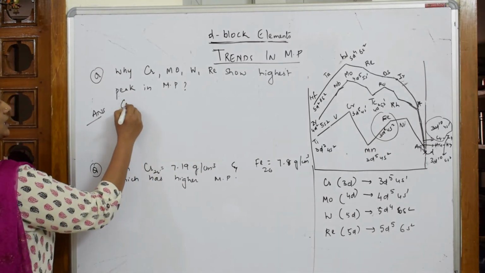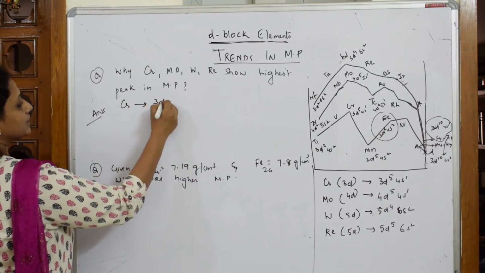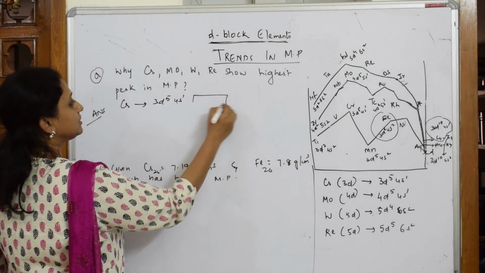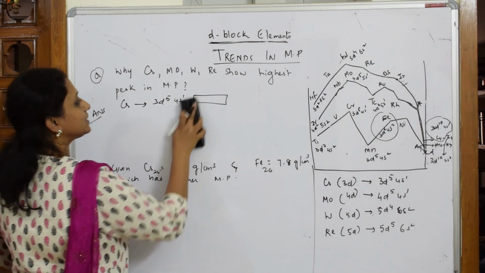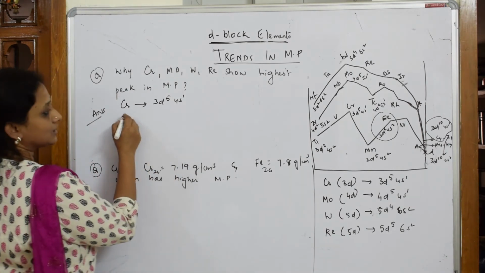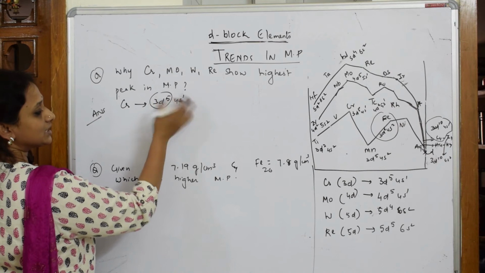So let us come back and see. We are going to write chromium, number of unpaired electrons. For 3d5 4s1, the number of unpaired electrons is 5 and 1, so 6. This is stable, but I'm counting it as half filled.